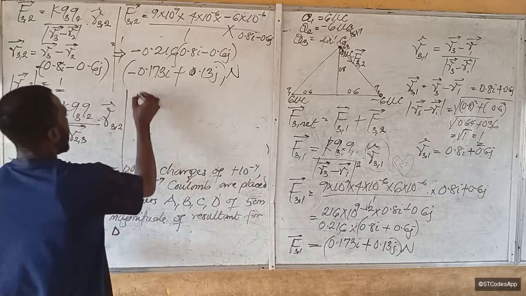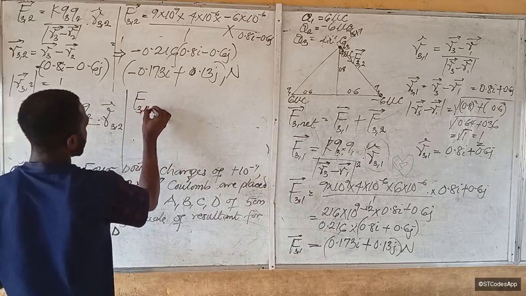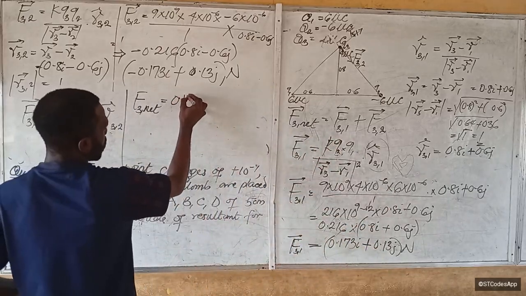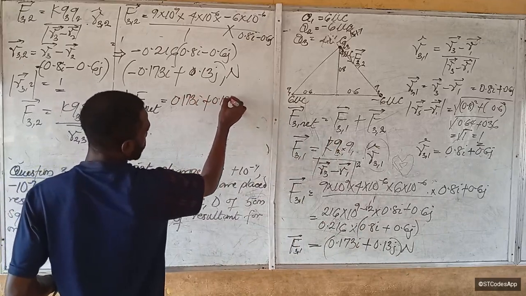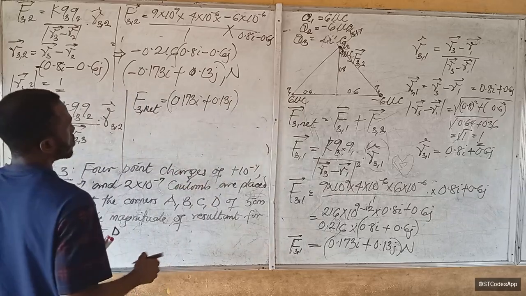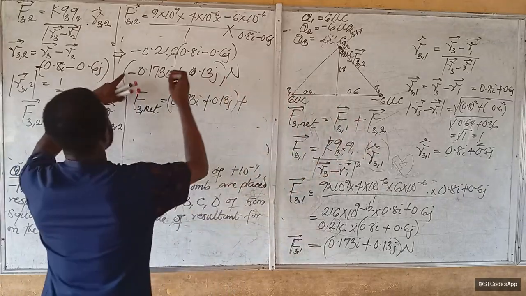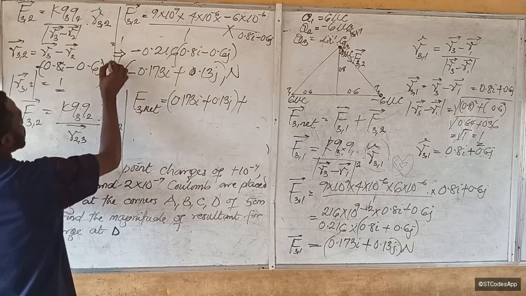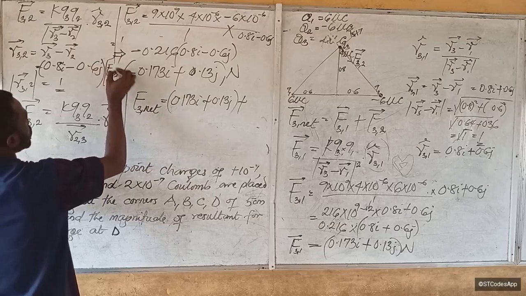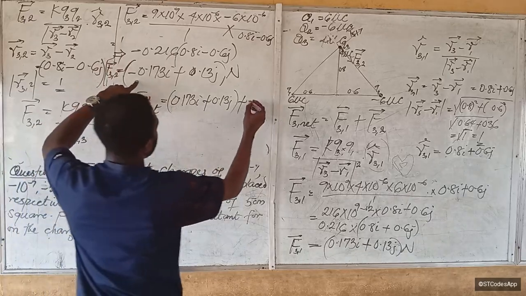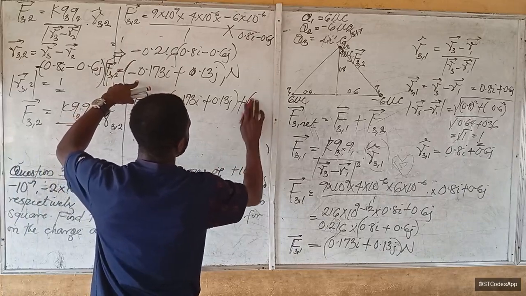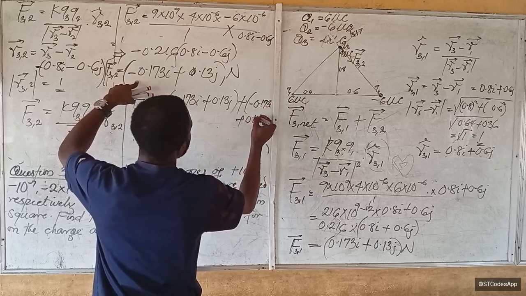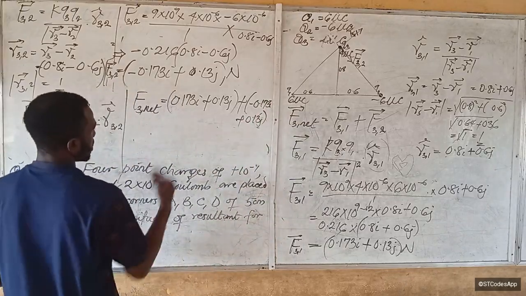Then our final answer will now become F3 net, which will be equal to F31, which is this, 0.173i plus 0.13j, plus F32, which is this, F3,2, which is negative 0.173i plus 0.13j Newton.